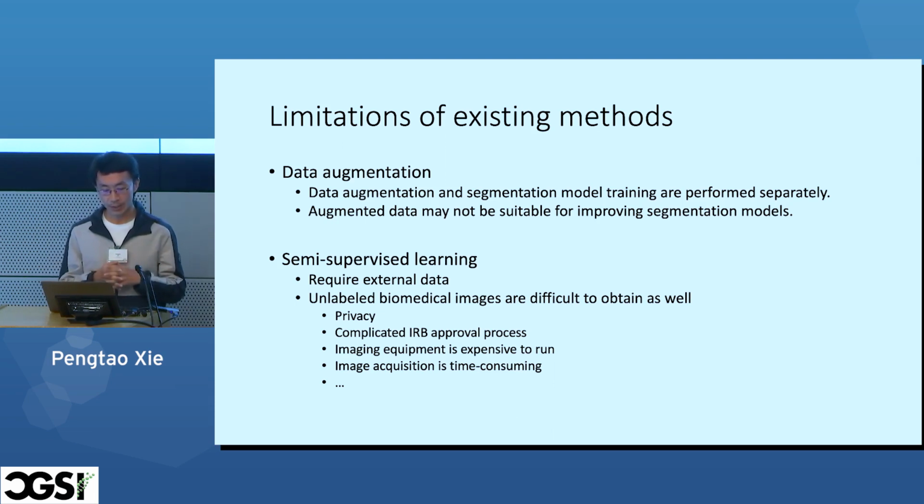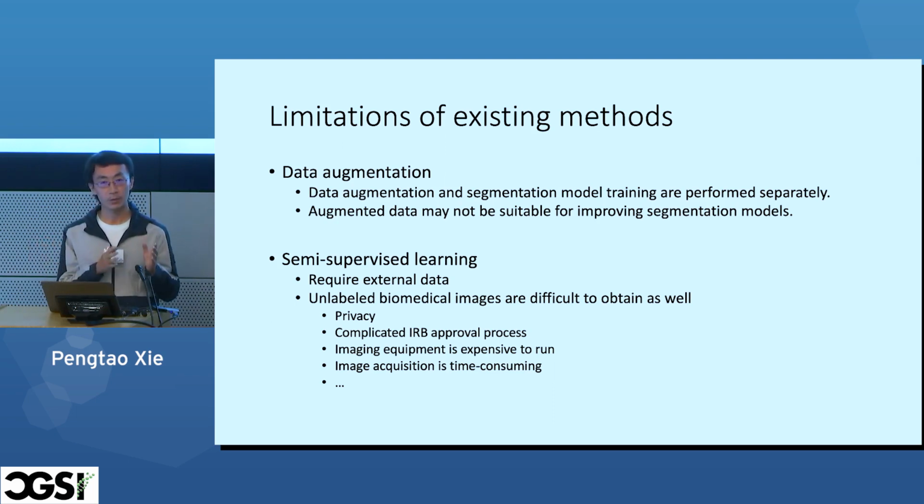The problem with existing data augmentation methods is that data augmentation and the training of the semantic segmentation model on the augmented data are separated. We first augment the data. After we get the augmented dataset, we train a model. So these two tasks are separated.